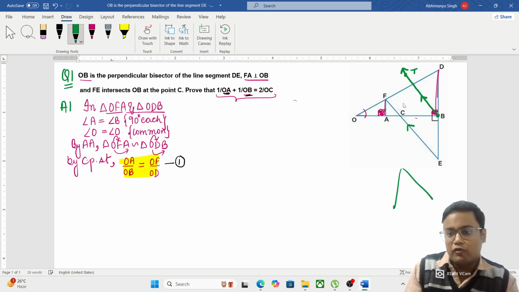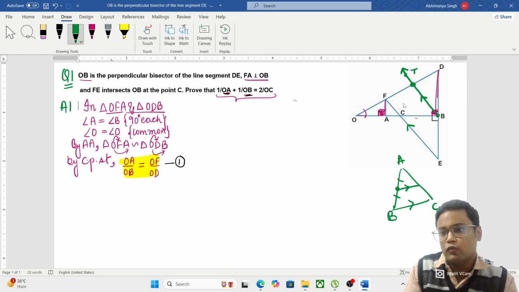Because you know from class 9, if in a triangle a line segment starting from the midpoint of one side is parallel to the second side, then it must bisect the third side, right? So I have to show that the point of intersection of BT with OD, let us say M, is the midpoint of FD, right? Which triangle am I talking about? See this triangle, children.